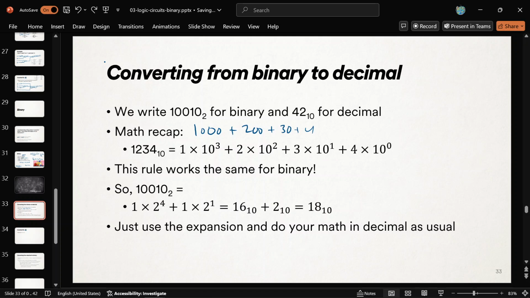Do you see how you're breaking down this number into all of its places in terms of powers of your base? Ooh, that's going to generalize. That's going to work the same for binary, that kind of power expansion.